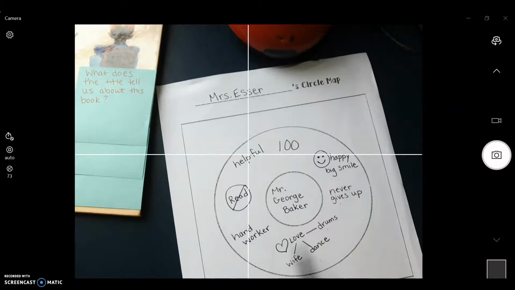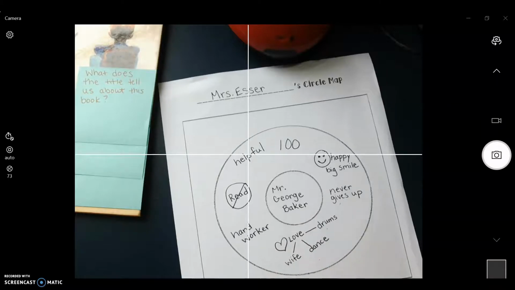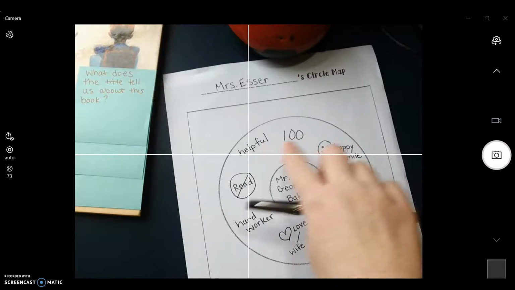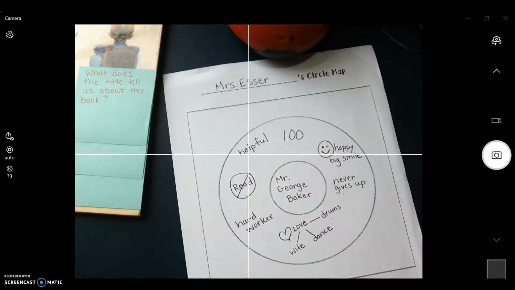All right. You probably need to pause the video to make sure you get this information written down on your paper. Okay, now here's where it gets a little bit tricky. We need to think about all of these things about Mr. Baker and ask yourself, what is something that I can learn from this character? What can I learn from what the character did, the words that he said, the choices that he made?